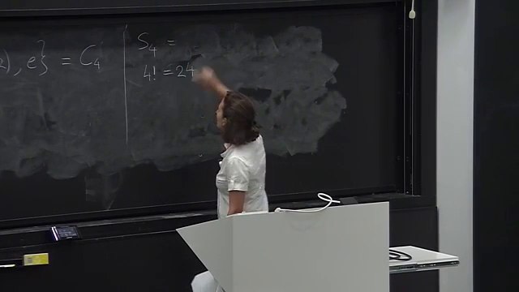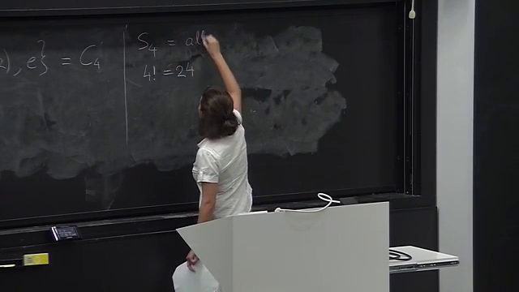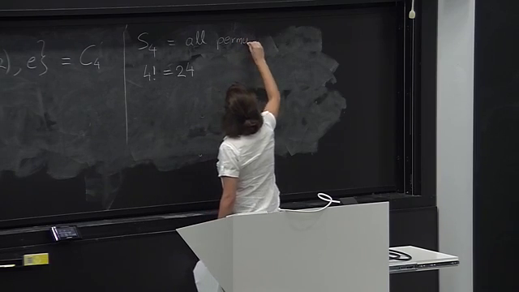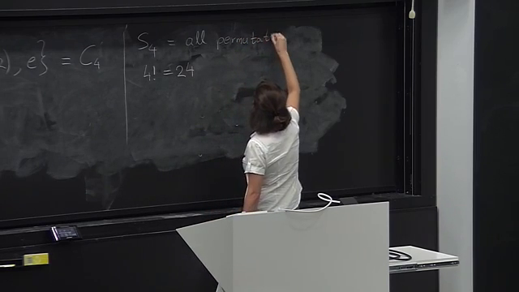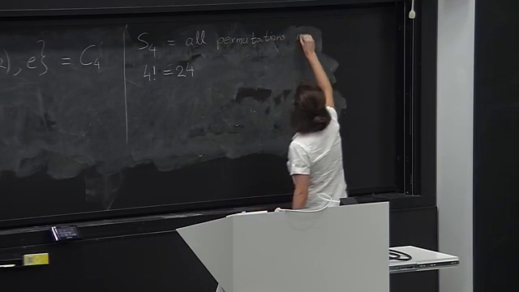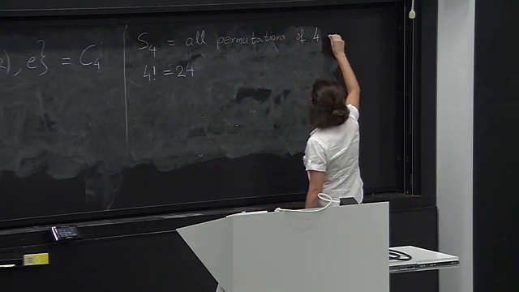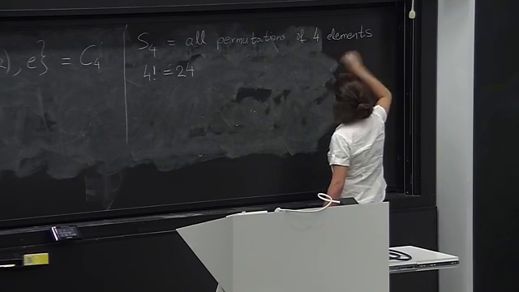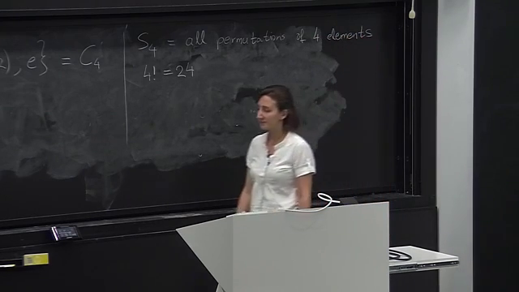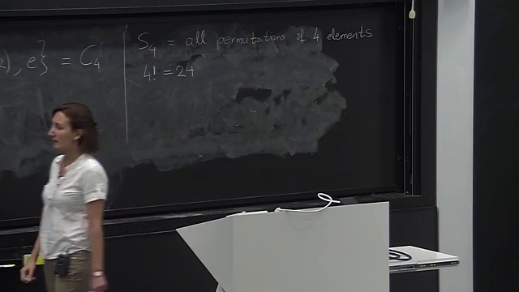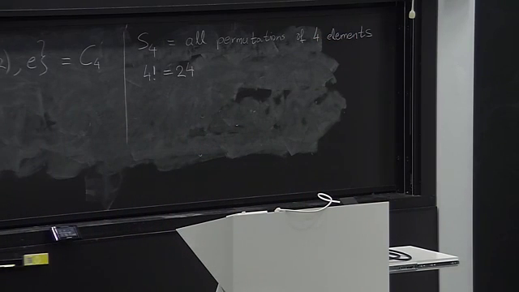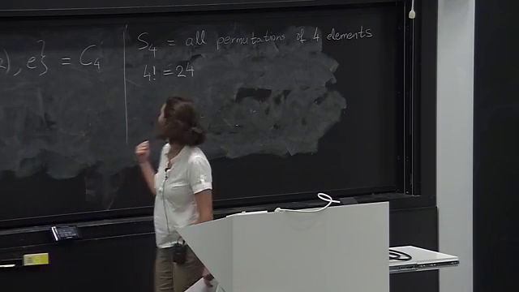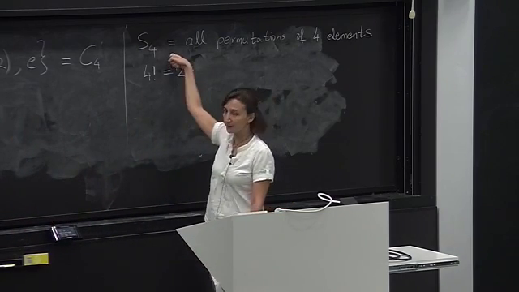So S4 would be all permutations of 4 elements. But you can check that if we include rotations and reflections, we will only get a subgroup of S4.